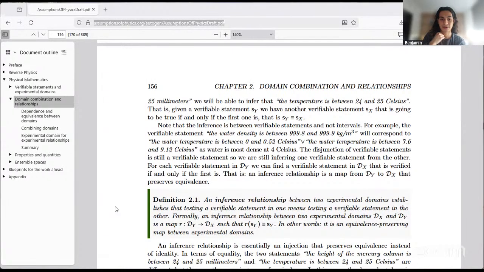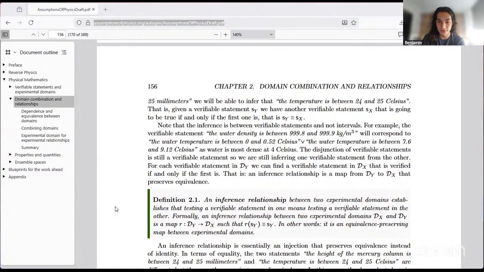Note that the inference is between verifiable statements and not intervals. For example, the verifiable statement, the water density is between 999.8 and 999.9 kilograms per meter cubed, will correspond to the water temperature is between 0 and 0.52 Celsius, or the water temperature is between 7.6 and 9.12 Celsius, as water is most dense at 4 Celsius.